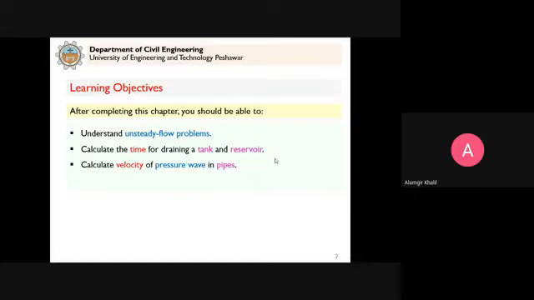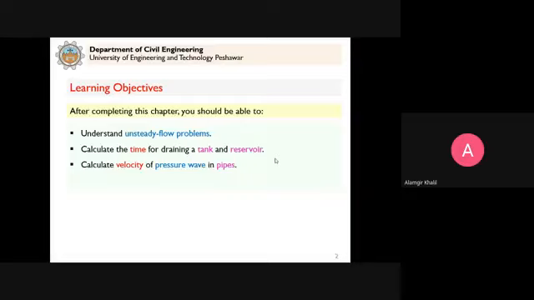Similarly, to calculate the velocity of pressure waves in pipes. This is a very interesting and important topic that we are going to study. When water or any liquid is flowing in pipes and the liquid is suddenly brought to rest, for example we close the valves, we are destroying the momentum of the water because you suddenly bring it to rest.